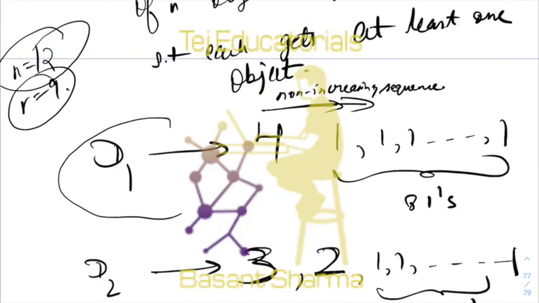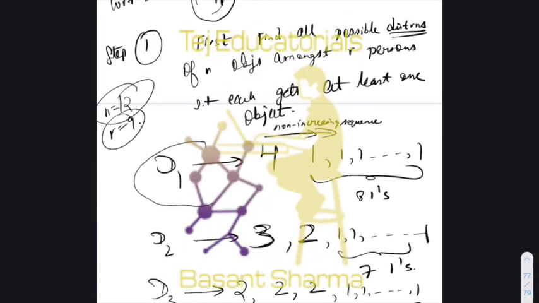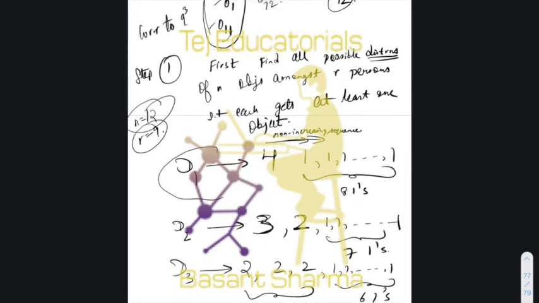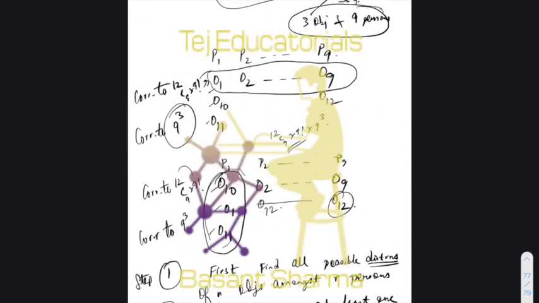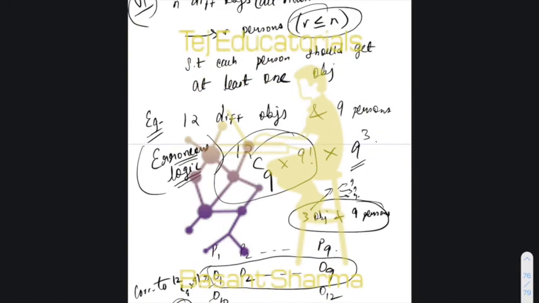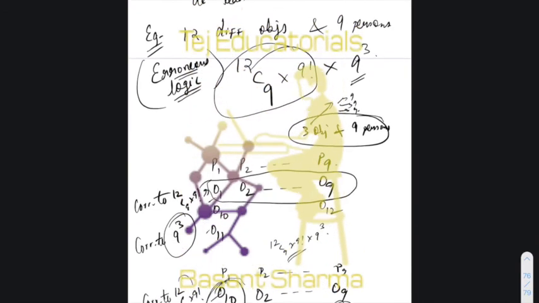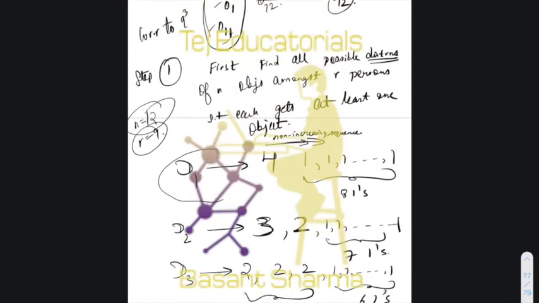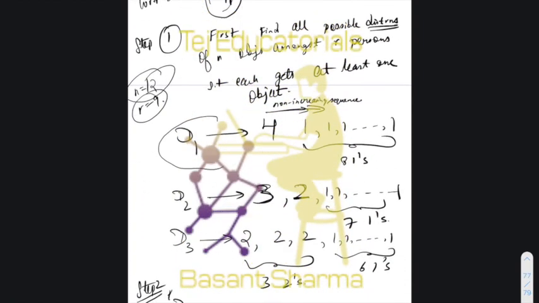To give you a bird's eye view, what we are saying is, first of all, in the problem statement you want to distribute 12 different objects amongst 9 persons such that each person gets at least one object. So first of all, find the number of distributions which are possible.